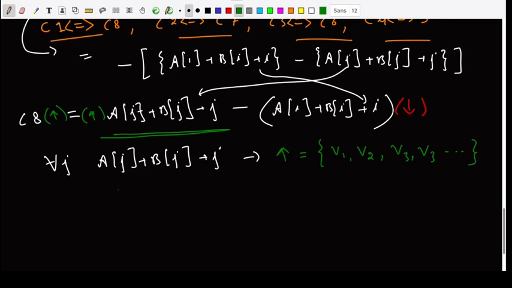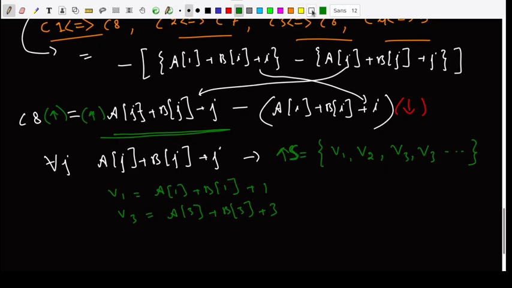So v1 is basically a1 plus b1 plus 1, j is 1, right? Similarly v3 is a3 plus b3 plus 3, right? So we will compute all the values and we will find the maximum here. Okay, so let us call this set some set, let us call it S, right?